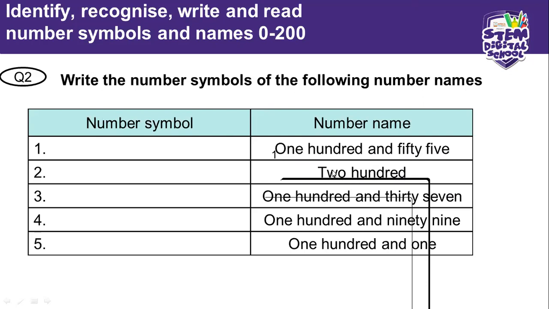Today I'm reading them out for you, but tomorrow I am not. I want to see if you can read them by yourself and give the correct answer. So the third one is 137. So we write 137. The next one is 199.